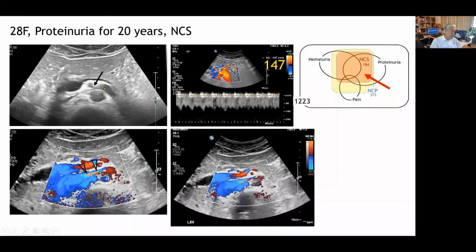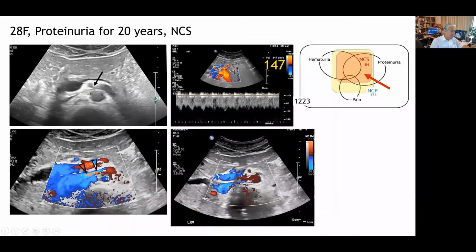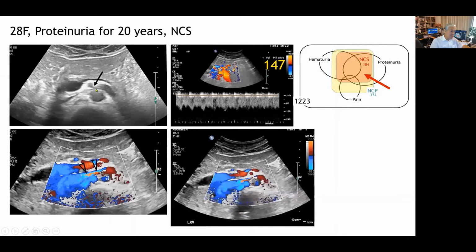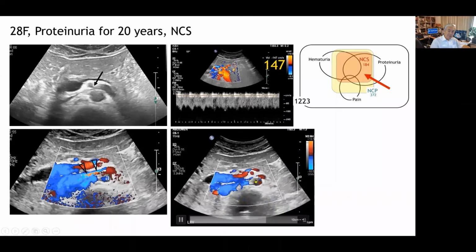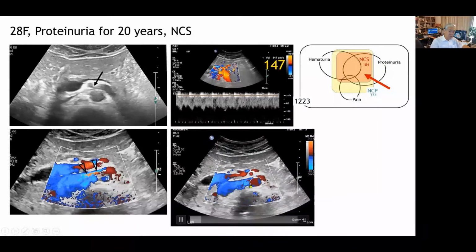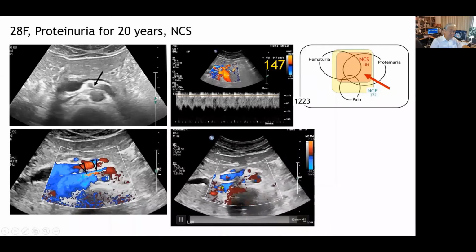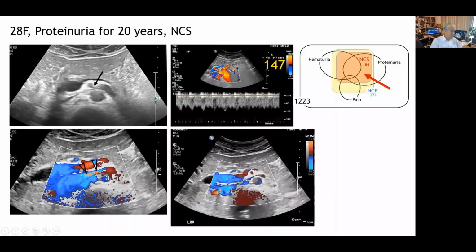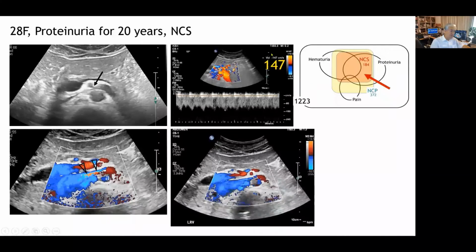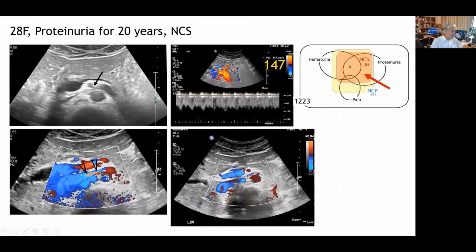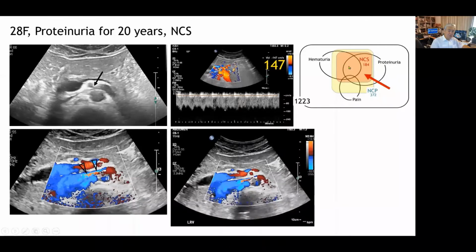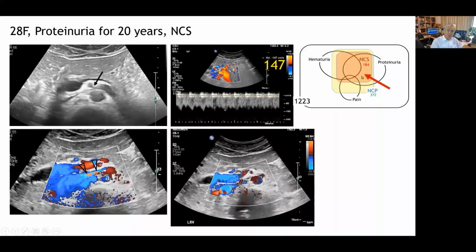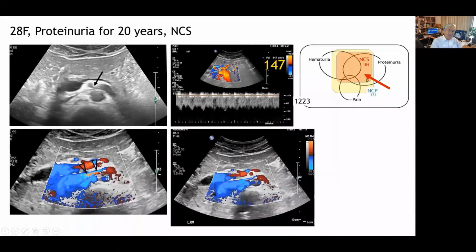Grayscale ultrasound shows narrowing of the aortomesenteric left renal vein, and color Doppler well shows jetting of the bright colored flow from the narrowed aortomesenteric left renal vein, and peak flow velocity was 147 centimeters per second. So this is a nutcracker syndrome patient and belongs to this area of the diagram.